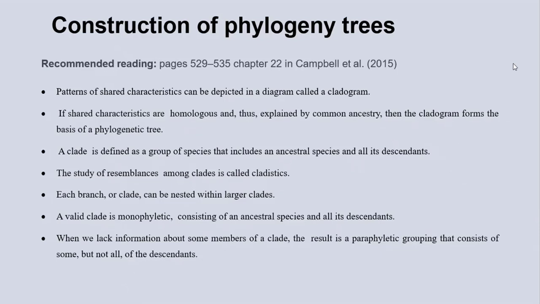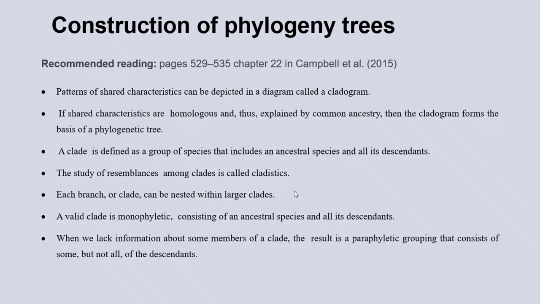People who are doing research always come across this. In research which you do yourself, you will come across paraphyletic groupings. When you create your phylogenetic group, you will find that you've got information missing about some members. You cannot see some members of certain species which are missing.